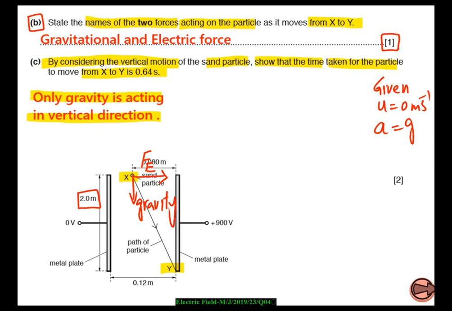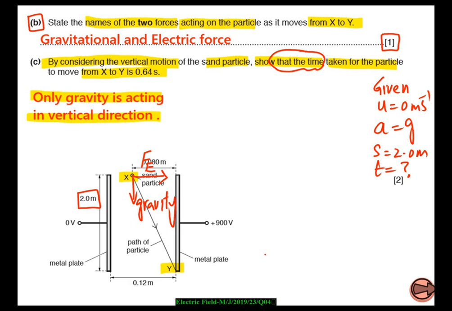Now, before we find the relationship between u, a, s and t, we need to be very clear whether the force acting on the particle is constant or not. In this case, gravity is acting on the particle and this force is constant. If this force is constant, it means a is also constant. Constant simply means that it has just one value.